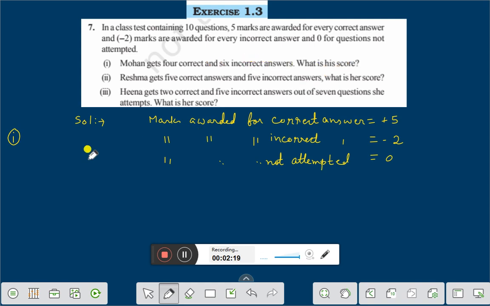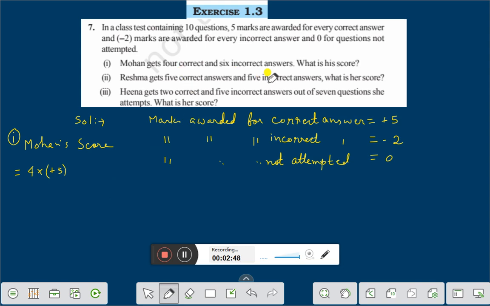What is his score? Then Mohan's score will be 4 correct answers, that is 4 into plus 5, right?